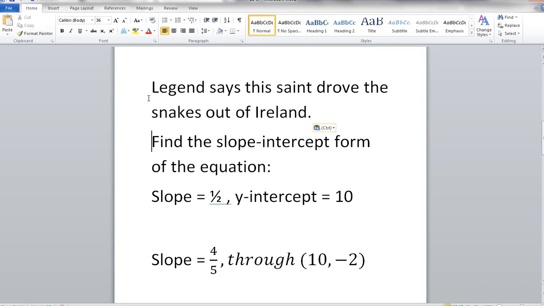By default, this is x1 and this is y1. You're then going to substitute your values into that equation. y minus -2 equals 4/5 times x minus 10. Now, before I go any further, I'm going to do some housekeeping and just change this minus -2 into plus 2. Next, the third step, you're going to distribute the 4/5 to both things inside.